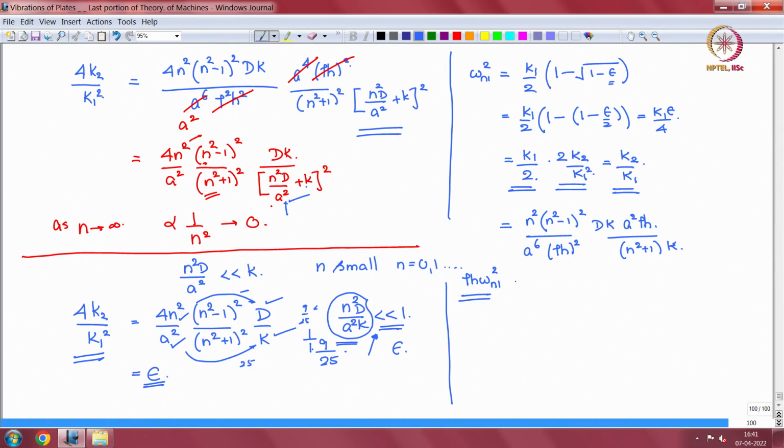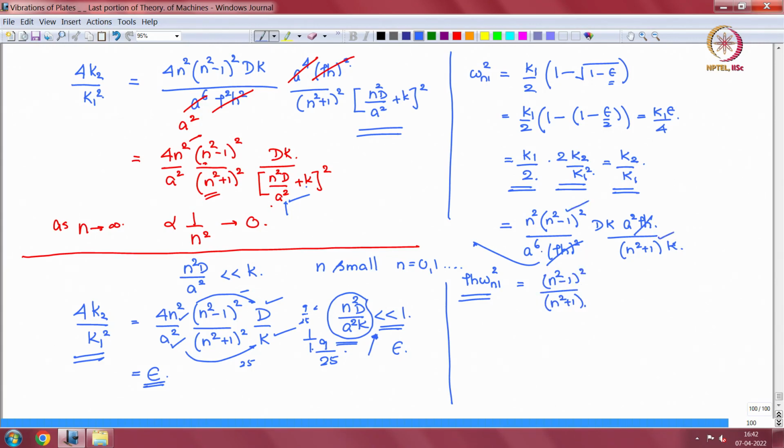If I take that, one rho h comes up here, one rho h cancels, so I get this, and I get n square minus 1 whole squared by n square plus 1. This is done.